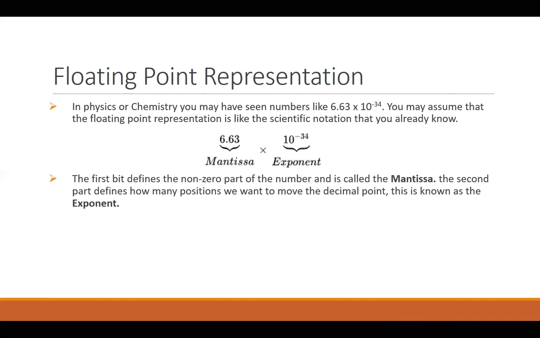There are two words that I'm going to use extensively, mantissa and exponent. So you must familiarize yourself with them. Mantissa is the part that defines the non-zero digits of the number, also called the significand, and exponent actually tells us the place where the decimal point should be present.